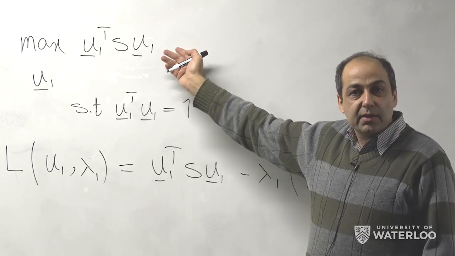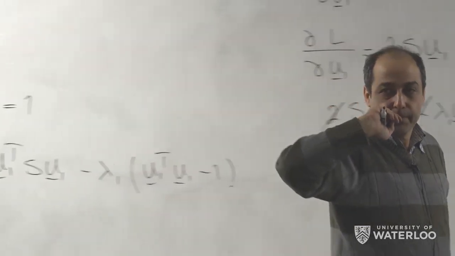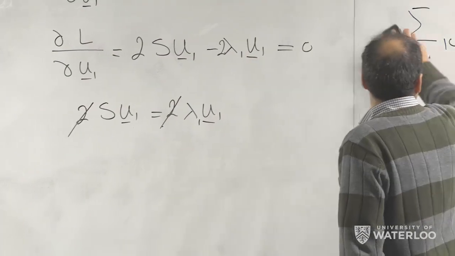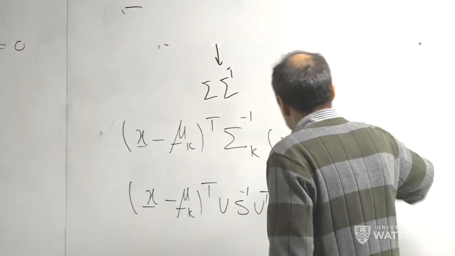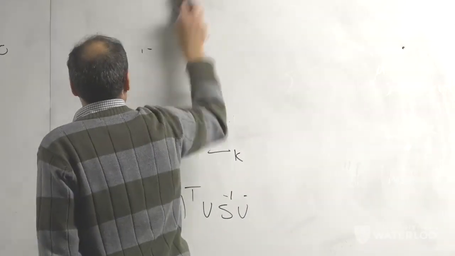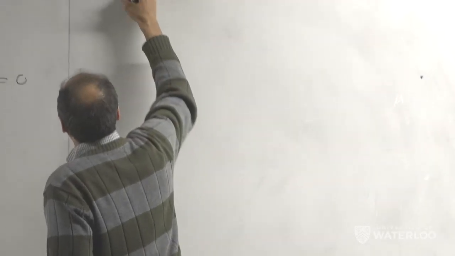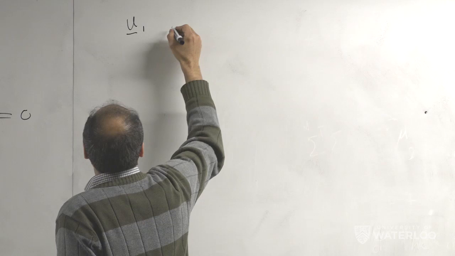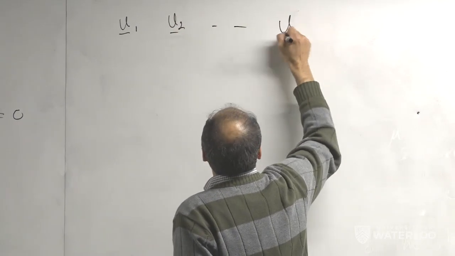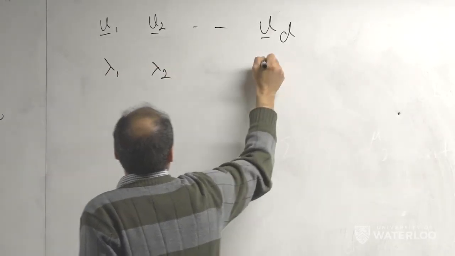Which one maximizes this? If I do eigen decomposition, I have u1, u2, up to ud, and I have lambda 1, lambda 2, up to lambda d.